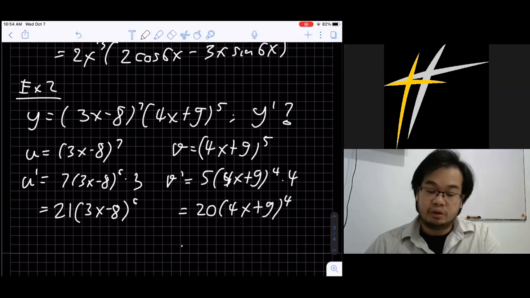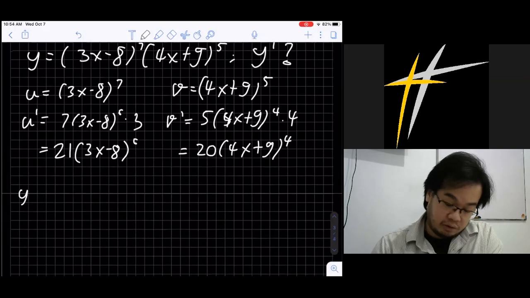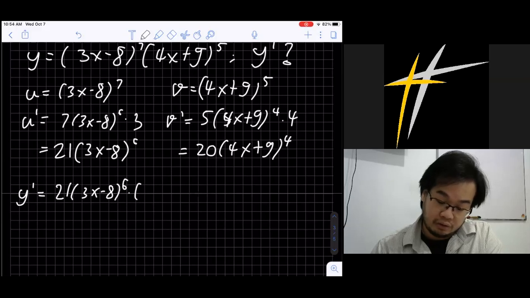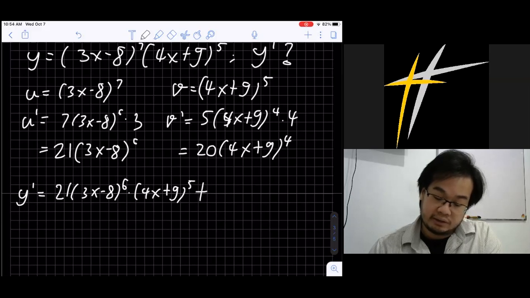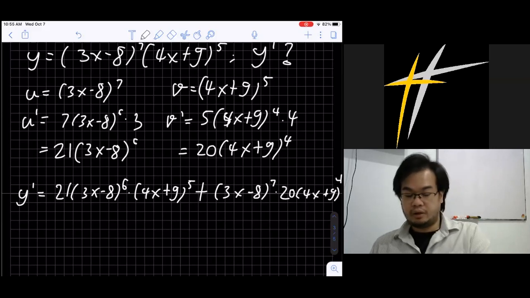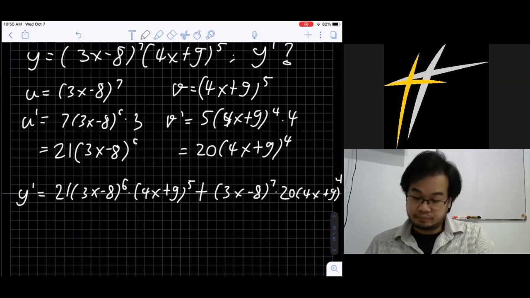Okay, so in this case, y prime is equal to u prime phi plus u phi prime. Okay, u prime phi plus u phi prime, and then we find the common factor.